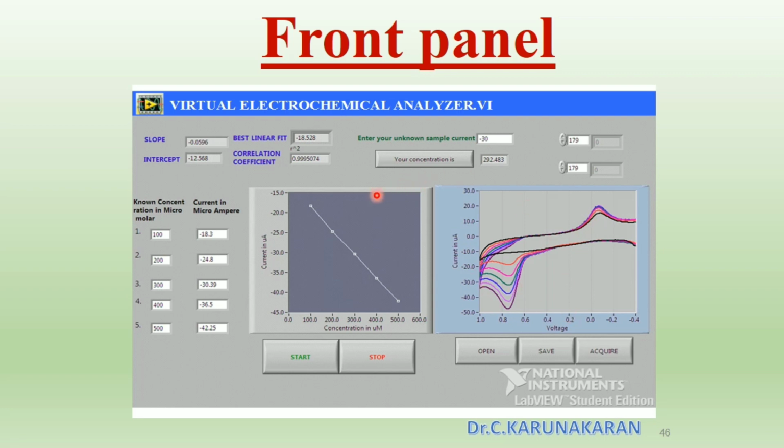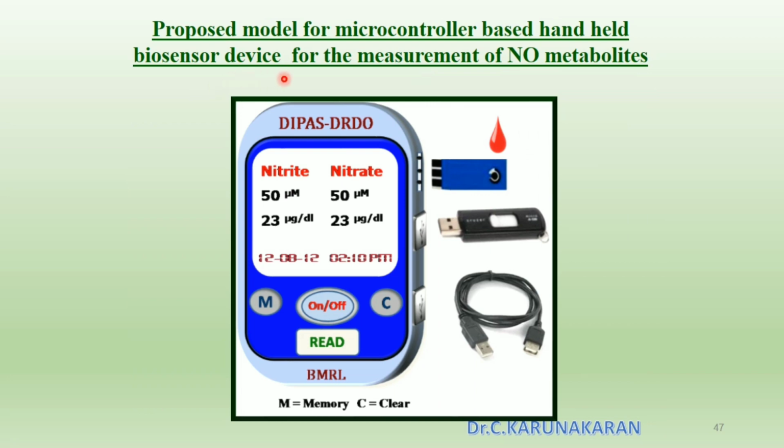The advantage is that it is used for all the biosensors, whereas a glucometer is designed to work only with that electrode. You cannot use the glucometer device for other biosensors. In the case of virtual electrochemical analyzer, we need a computer interface to control and measure the biomarkers.